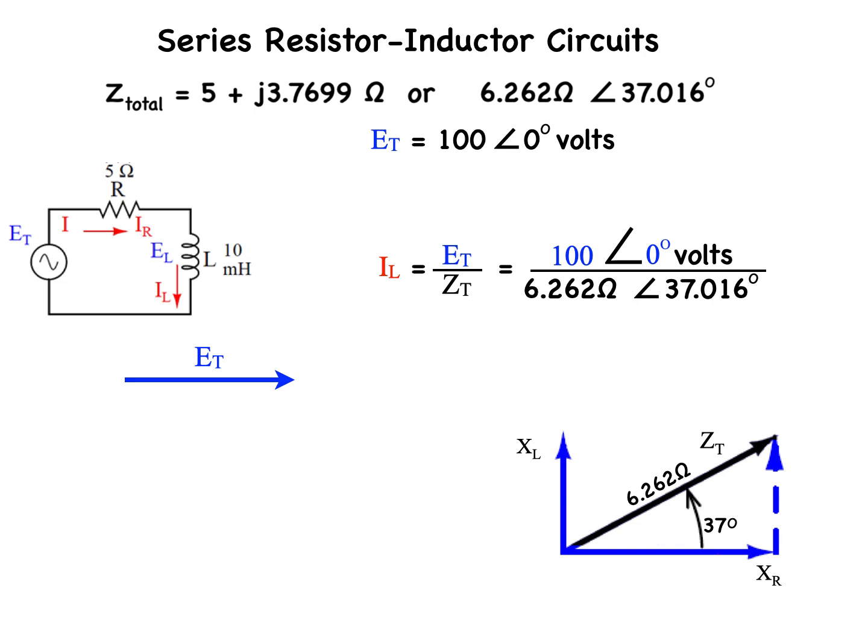If you divide the numerator by the denominator, you're going to get exactly 160 milliamps at minus 37 degrees, which when plotted next to the voltage would look like this.